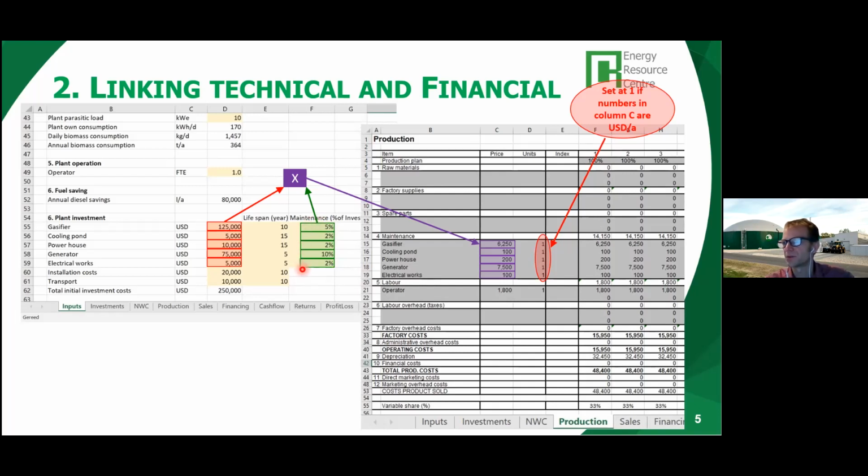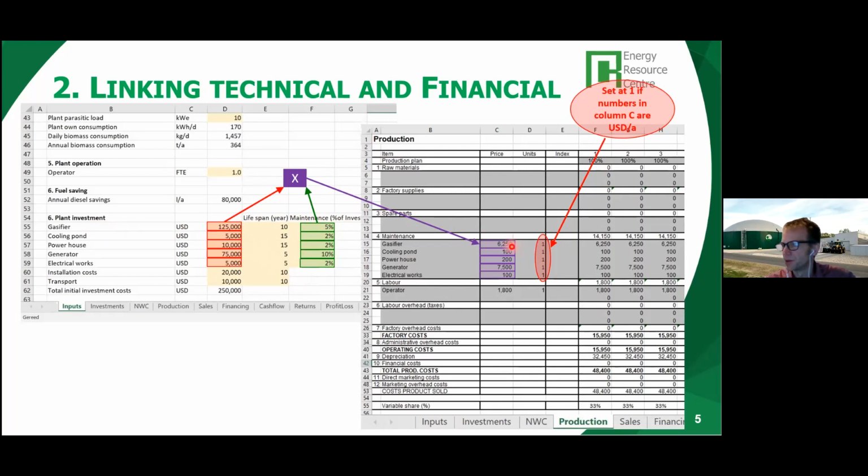This is a quite common approach for first-hand estimations of maintenance cost. So the maintenance of the gasifier would cost per year 5% of $125,000, and if you multiply them and get them in this sheet here, then you get the annual cost.